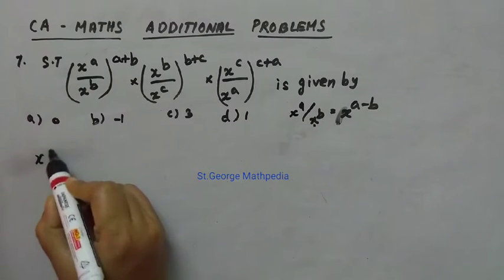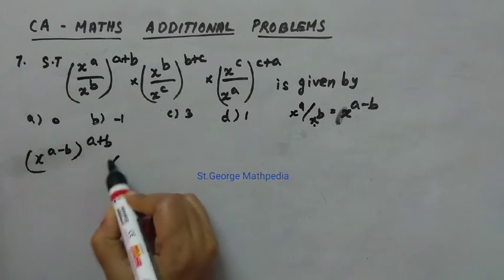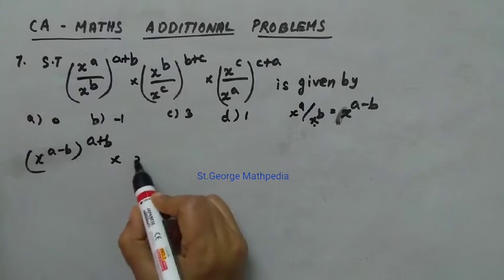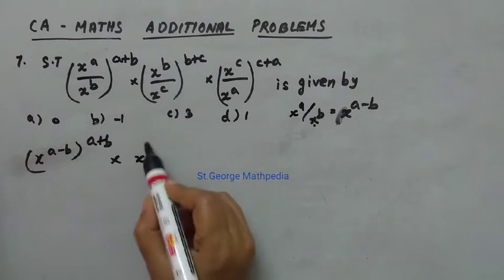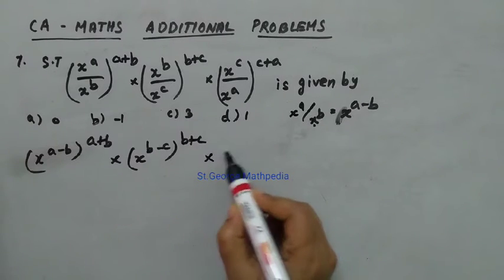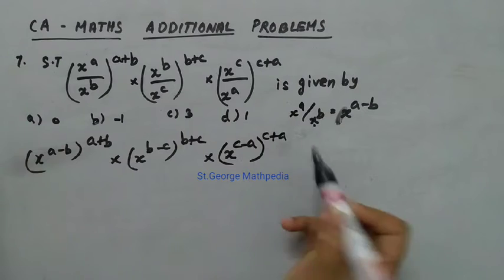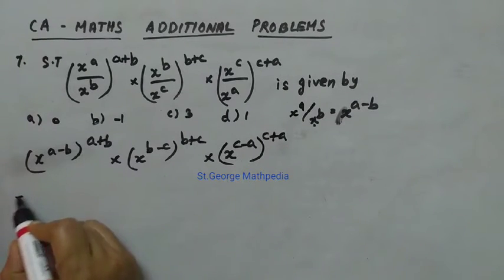You can write this as (x^(a-b))^(a+b) into (x^(b-c))^(b+c) into (x^(c-a))^(c+a).